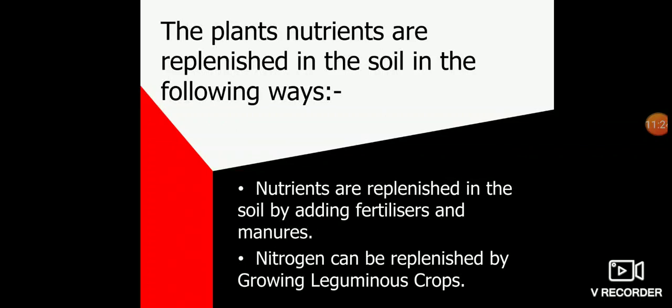This slide tells us how nutrients are replenished in the soil. So, you can see when the crop plants are grown in the same fields again and again, soil becomes deficient in plant nutrients. What are the plant nutrients?